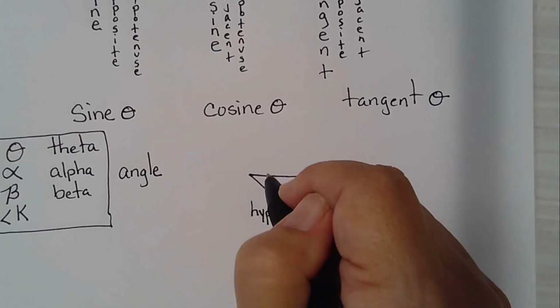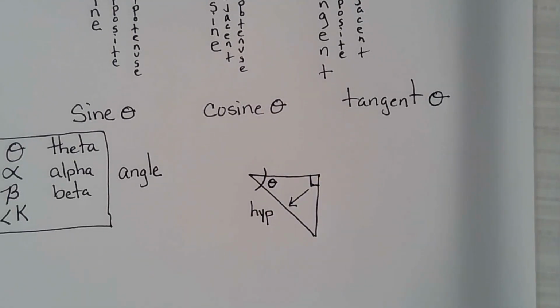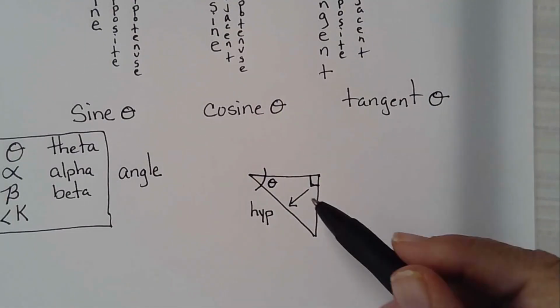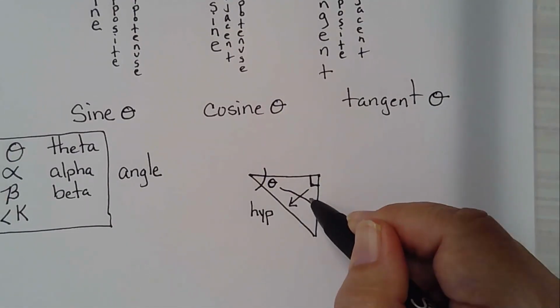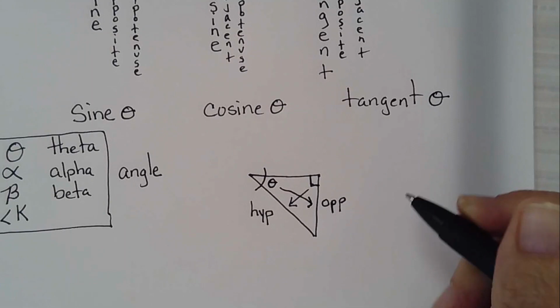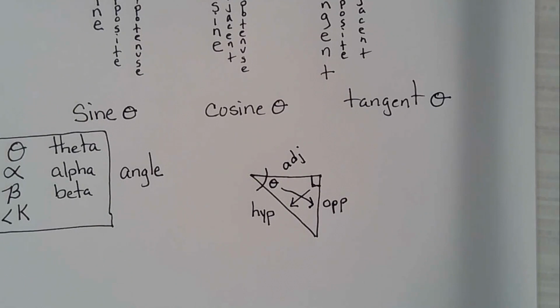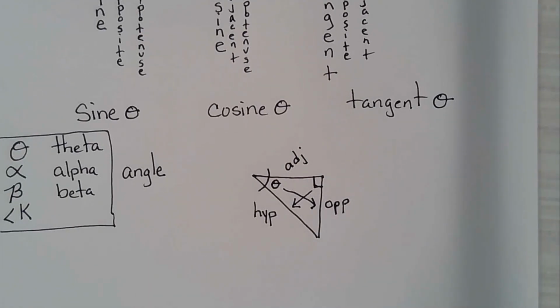If this angle here is theta, the one that I want to know about, then the side across from the theta is the opposite, OPP. And this one up here is adjacent, ADJ. But if I had marked this bottom one as theta, then those names would be reversed. So your names go in relation to where theta is.